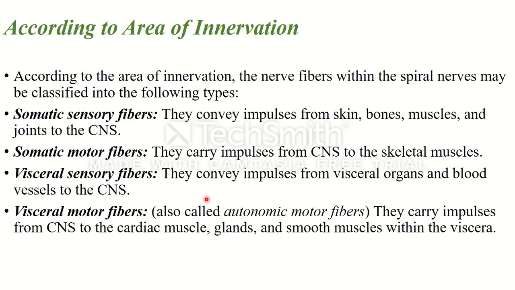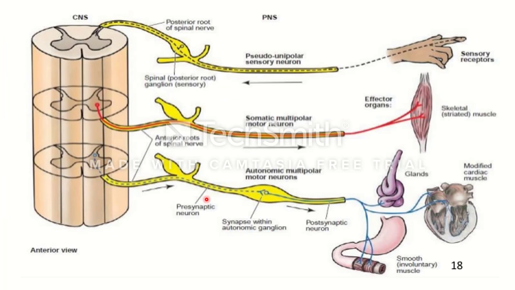According to the area of innervation, we have four types of neurons: somatic sensory, somatic motor, visceral sensory, and visceral motor. So this neuron is somatic sensory, or somatic afferent. Afferent because this neuron is conveying electrical impulses from the skin of, for example here, the index finger toward the central nervous system.